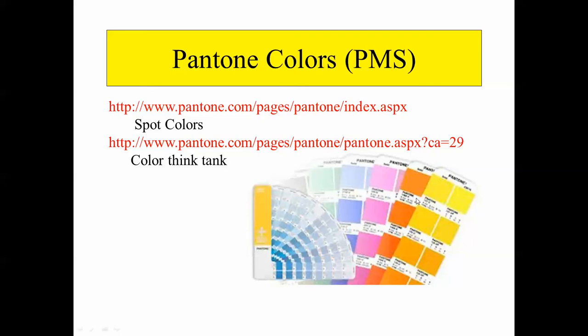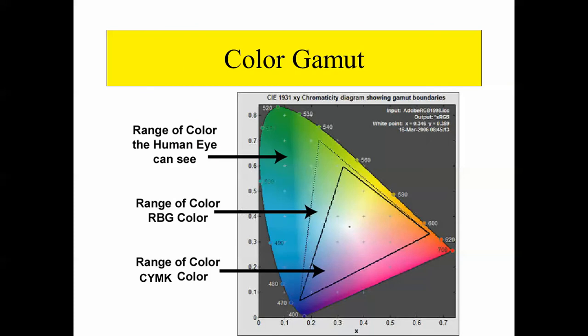And you can look up these Pantone colors on the internet, and here's a website that you can go to. And this is a Pantone think tank where you can choose different colors. But remember, you always use Pantone colors when designing a logo.